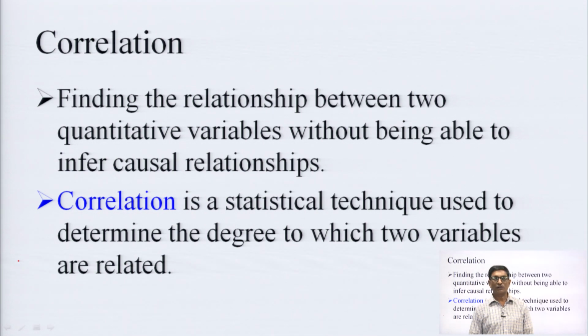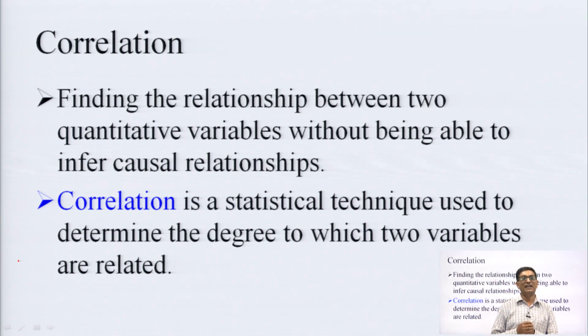So, first is correlation. If you see the word correlation, co plus relation, that means it is the relationship between two variables. So, correlation is finding the relationship between two quantitative variables without being able to infer a causal relationship. That means we are not interested here in the cause of the relationship, but we find the relationship between two variables.